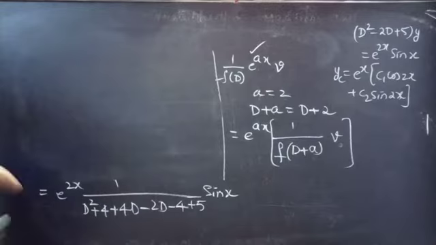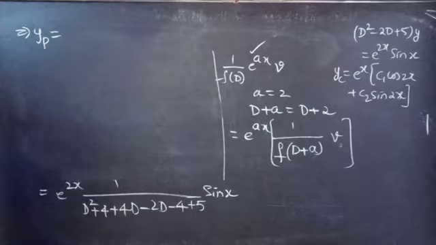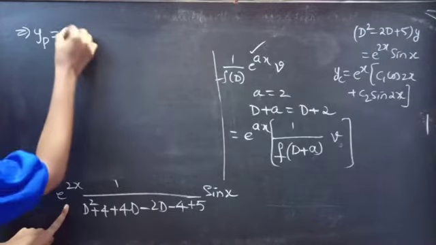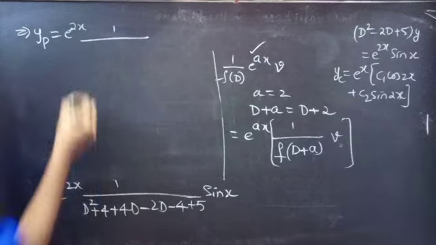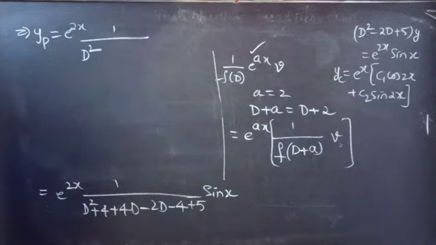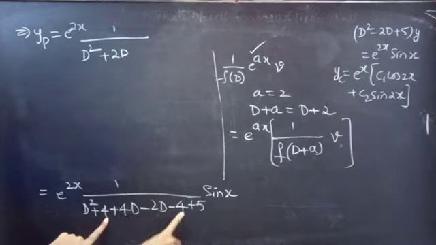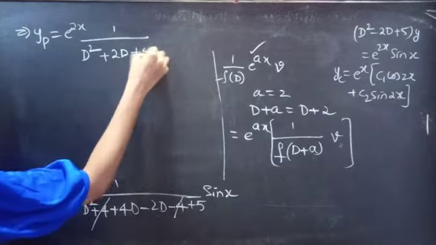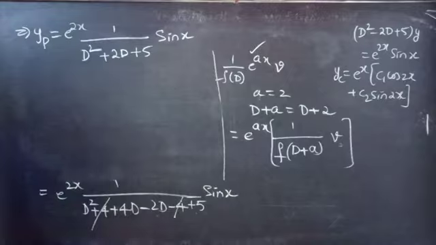Our yp becomes e power 2x into 1 by d square plus 4d minus 2d, which is plus 2d. Here plus 4 minus 4 gets cancelled and you'll get plus 5, into sin x.